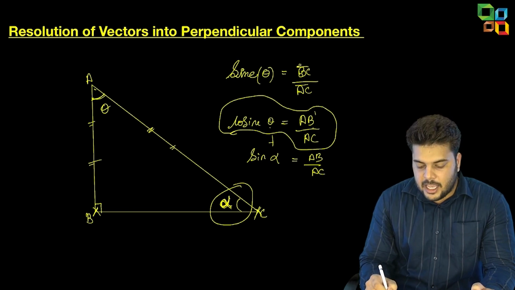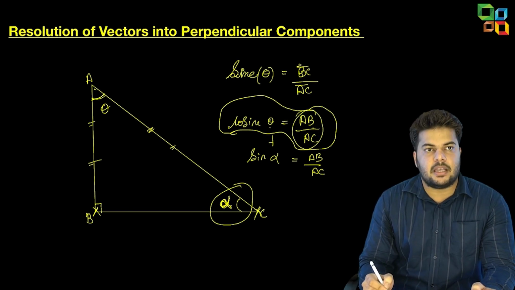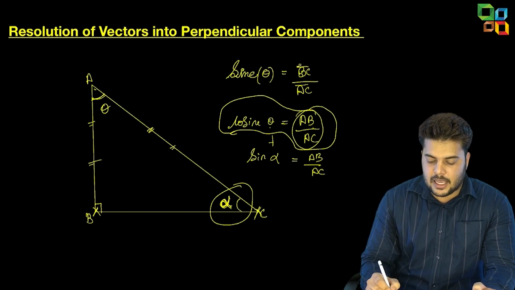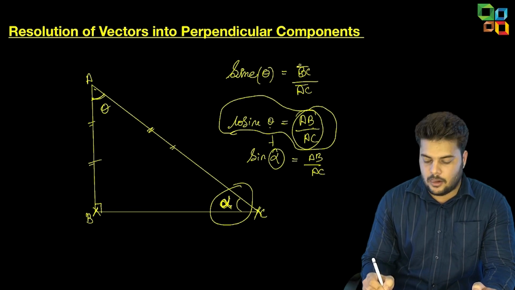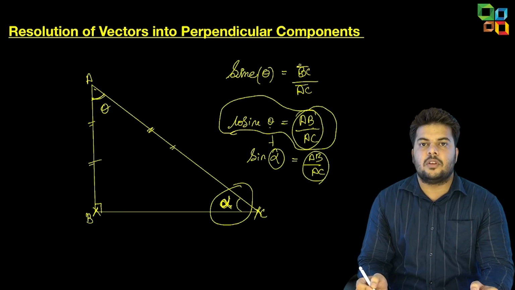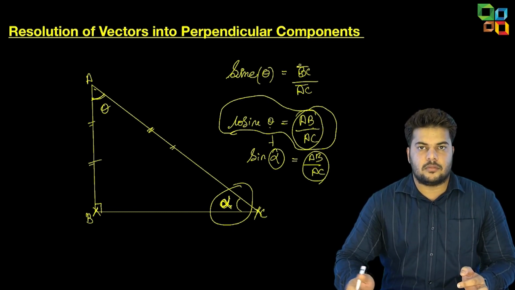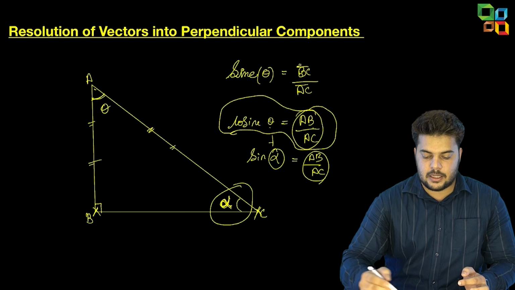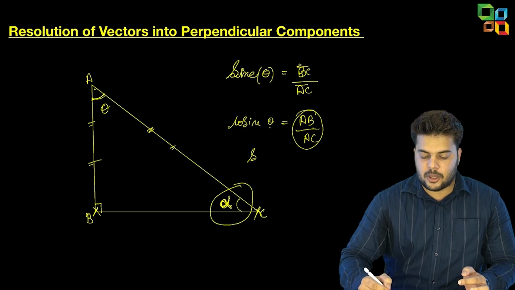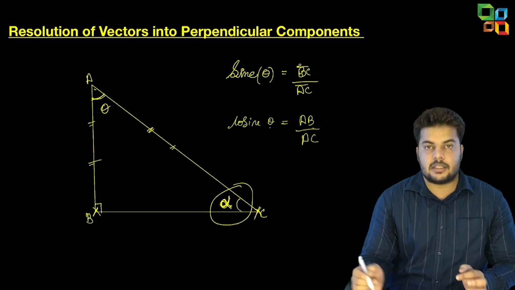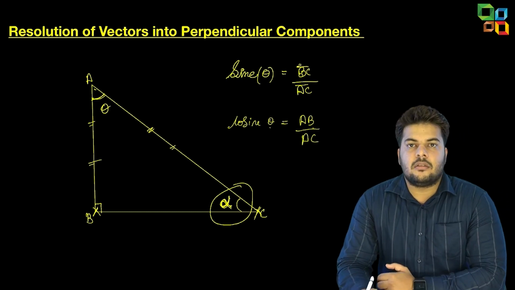The ratio AB by AC is the sine of alpha, which is the complementary angle to theta. So cosine actually means complementary sine. Since we're talking only about theta, we can say cosine of theta is defined as AB by AC.